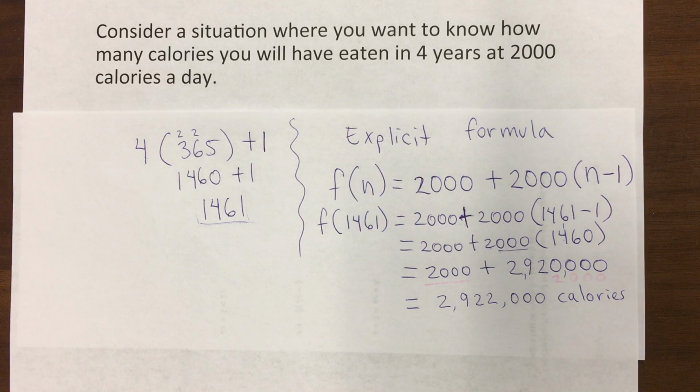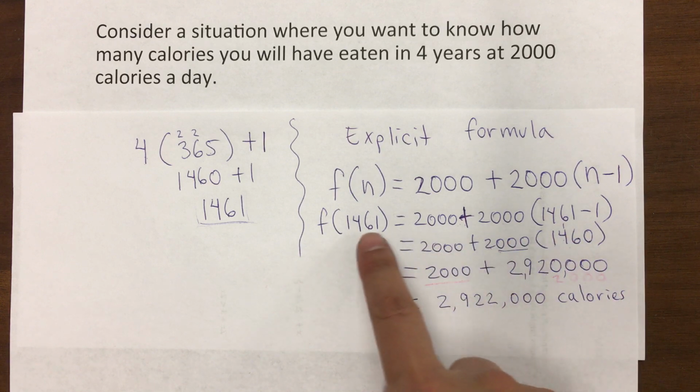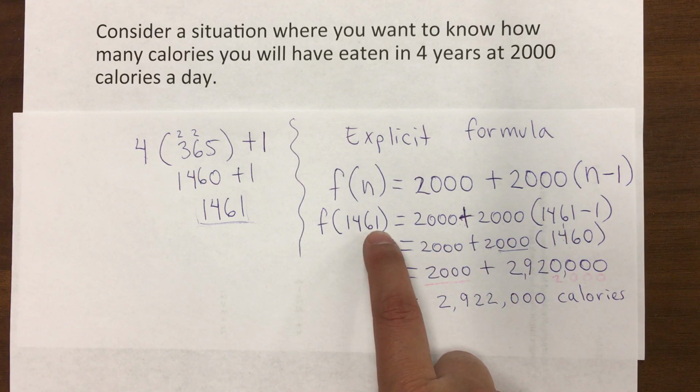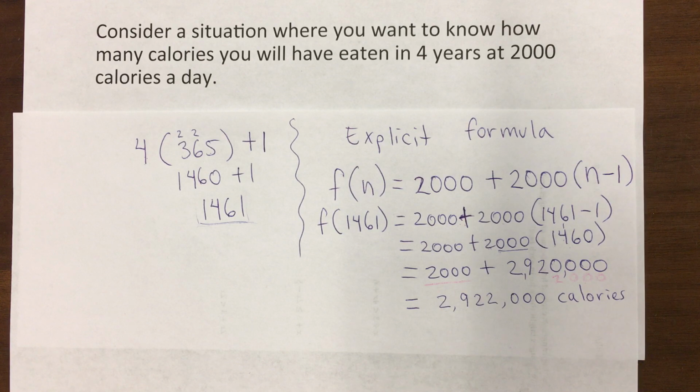Okay, so here were two examples of where you can use the recursive formula and where you can use the explicit formula. As you can see, you use the explicit formula when you're trying to figure out for a day that is far away from now, like in the long run, what would you have?